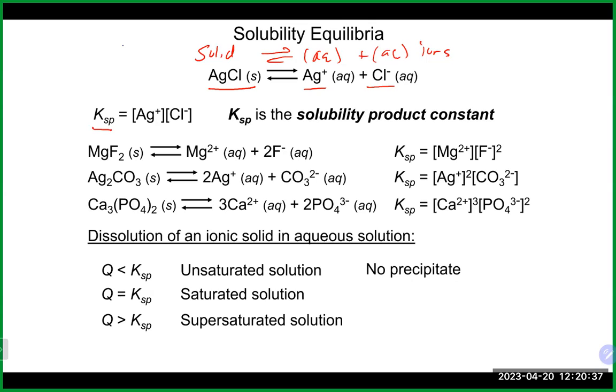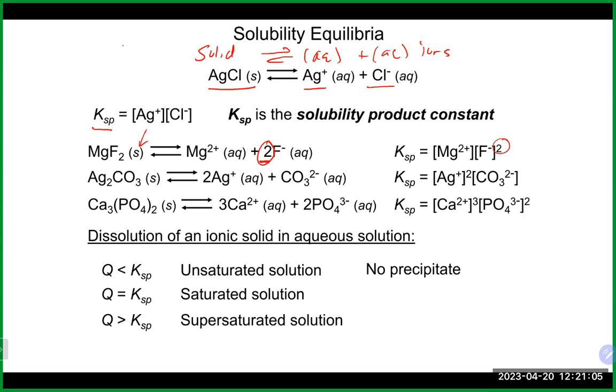And we still do the normal things that we do. If you have some type of coefficient, it still becomes the exponent, but they're typically just the products. So the KSP for this one is the concentration of silver times the concentration of chloride. If we had magnesium fluoride here, it would break apart into a magnesium and a couple of fluorides. Again, this is a solid, so not included, but we do include our coefficient.